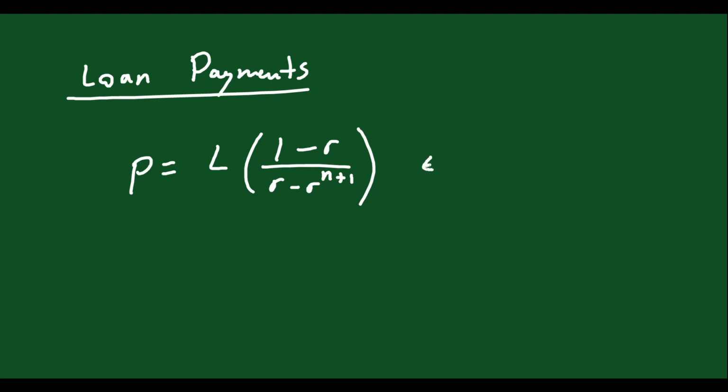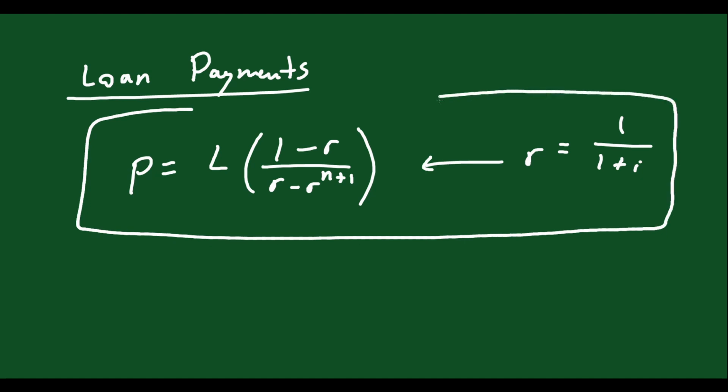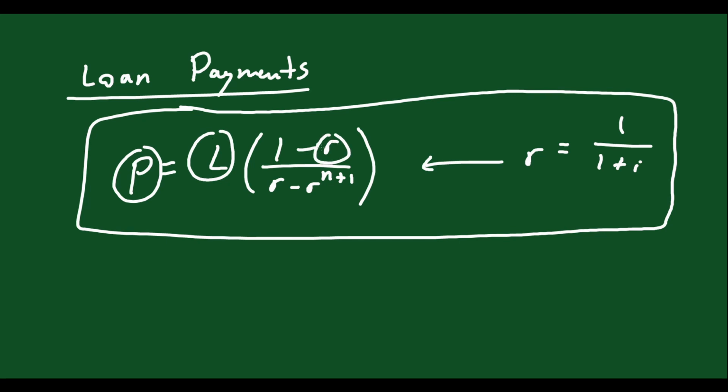And this happens when you have an R value equal to 1 over 1 plus i. That's how you find R to plug in here. This equation represents the loan payments that you need to make on a particular loan with a particular interest rate. There's a derivation of this in another video as well, so definitely go and check those out. But that's just a sneak peek of things to come.